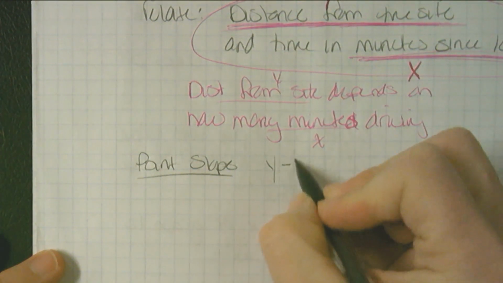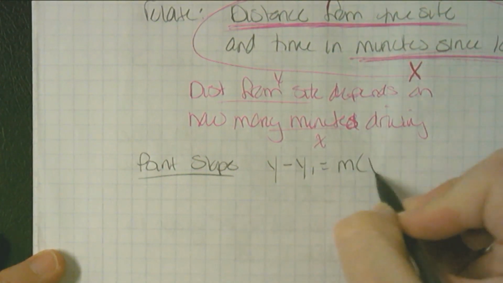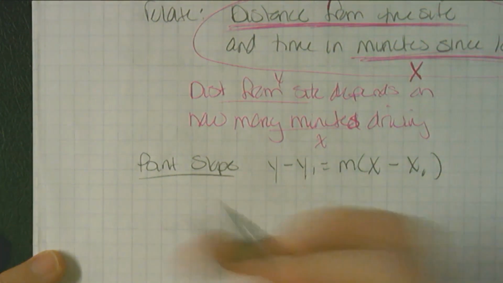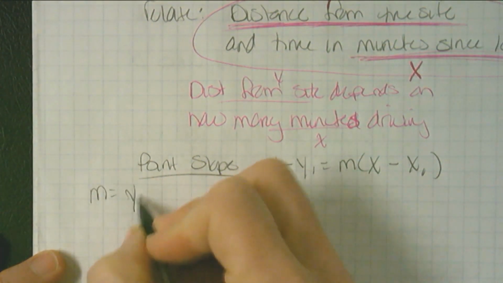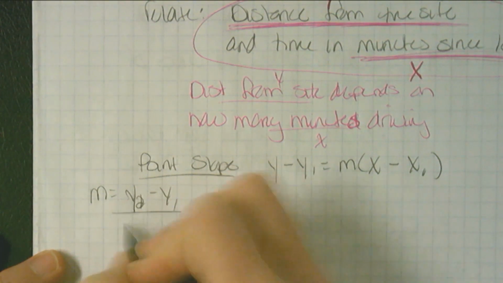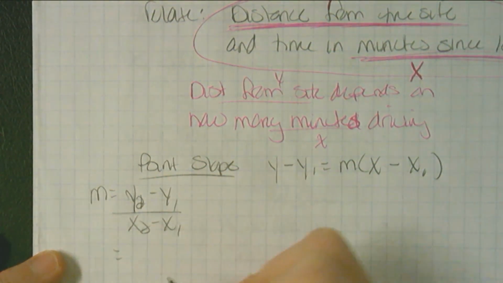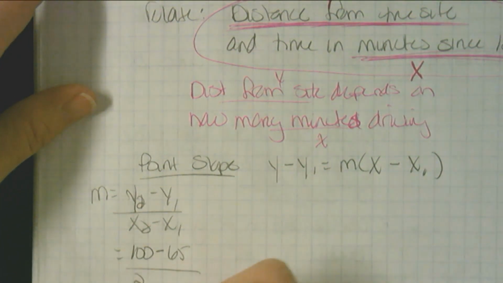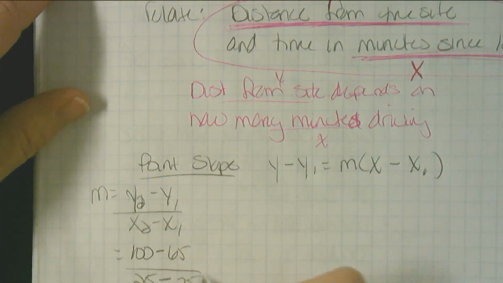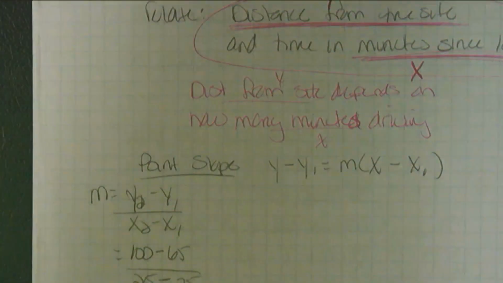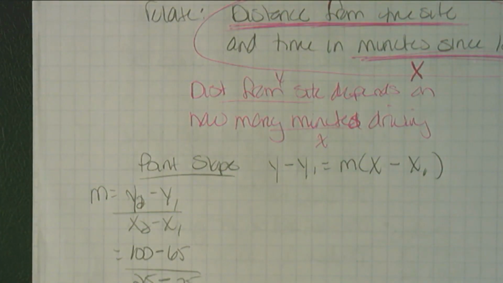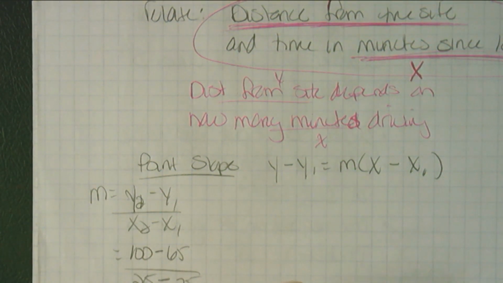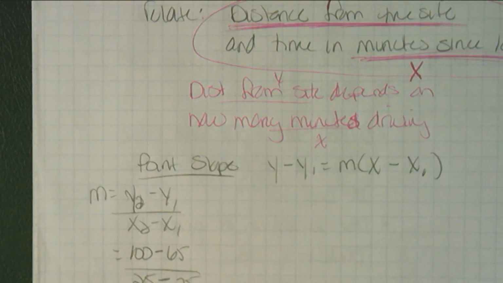So this is y minus y1 is equal to m times the quantity of x minus x1. So I need to find my slope. So that's y2 minus y1 over x2 minus x1. So I'm going to do 100 minus 65 over 25 minus 75. All right, so if I have 100 minus 65, this gives me 35 over a negative 50.